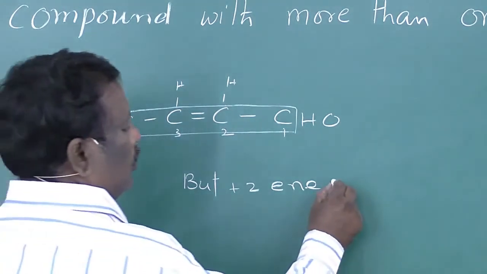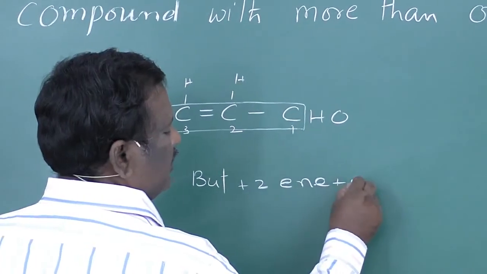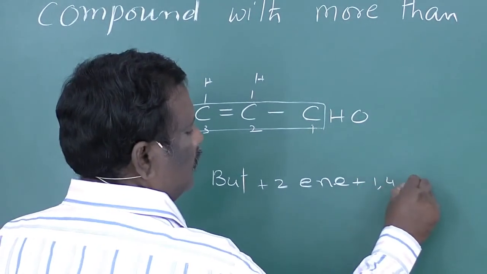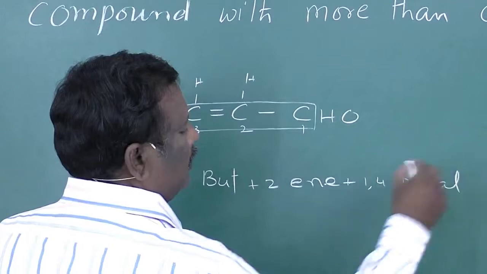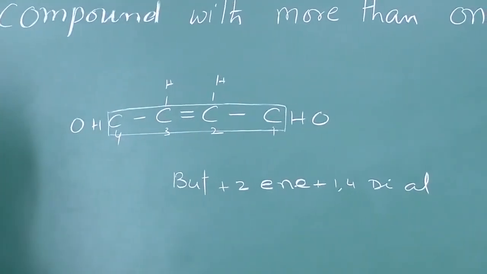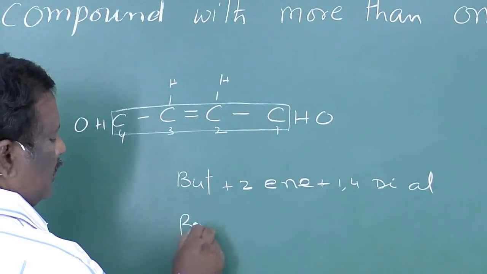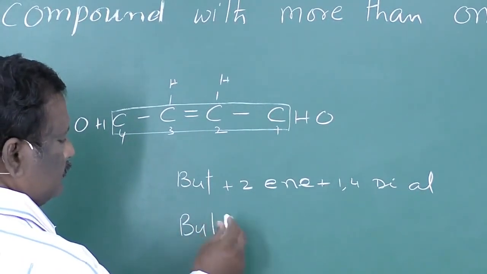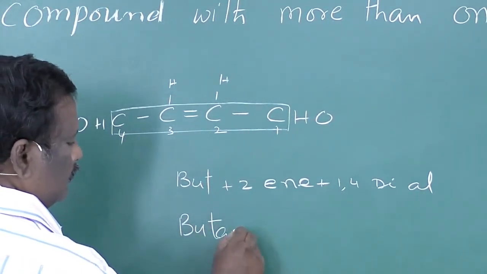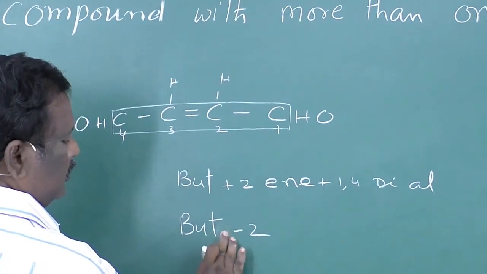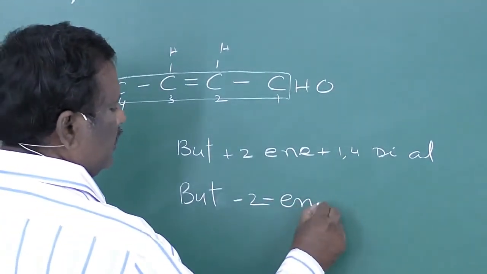So here you have to mention that also: 1,4-dial. So the name of this compound is but-2-ene.